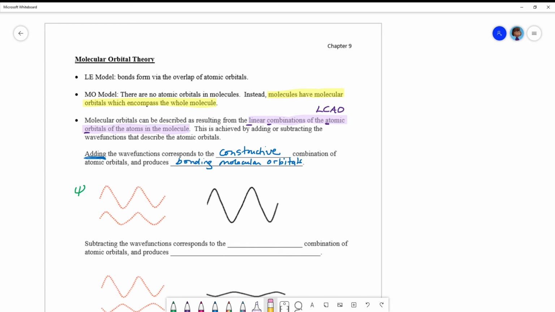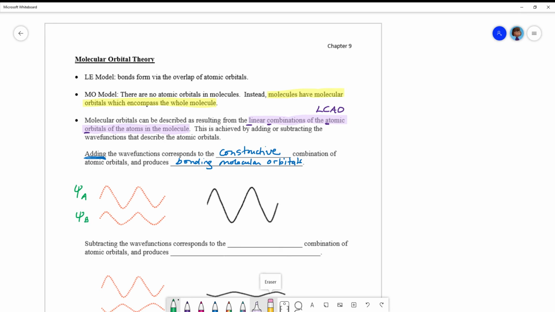Let's call this psi A, the wave function of our first orbital. And we have another orbital, which I'm going to represent with this wave over here. And let's call this wave function psi B for our second orbital.